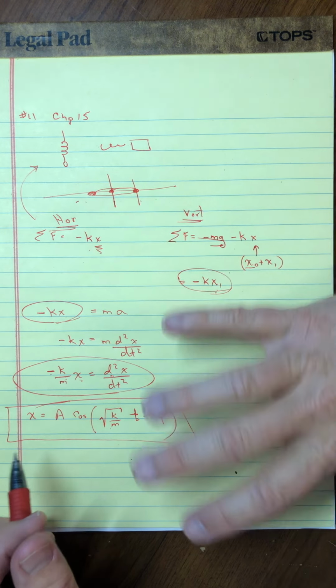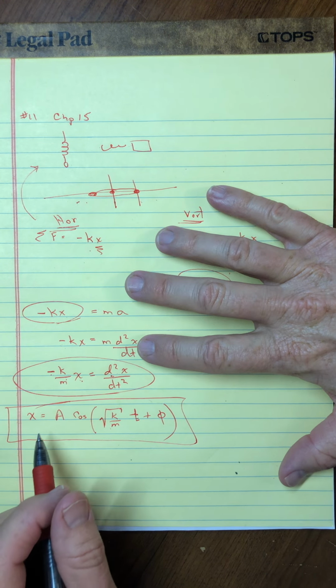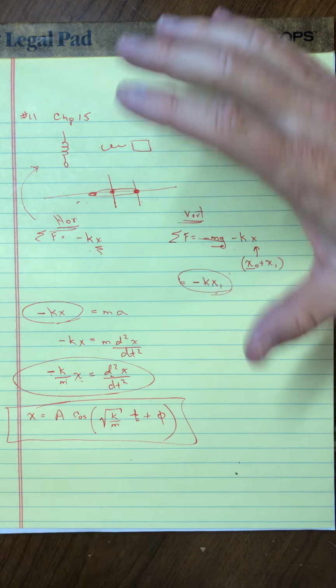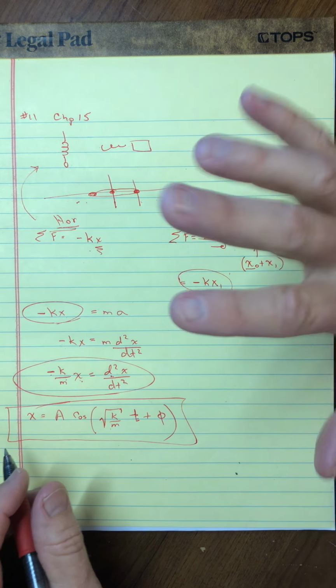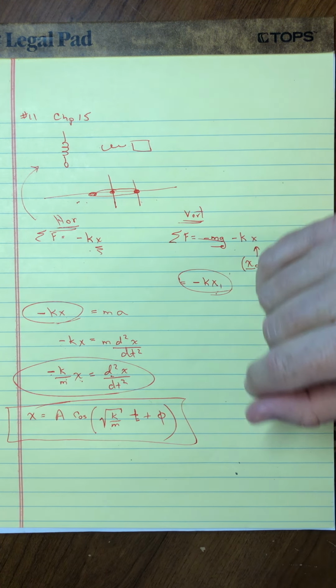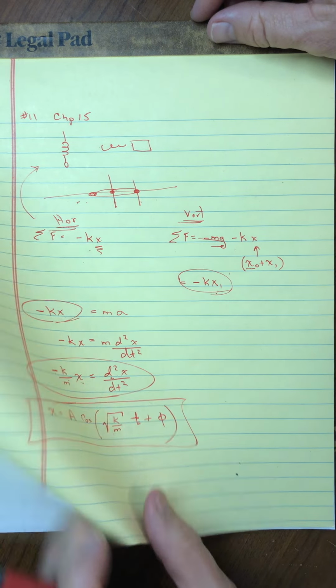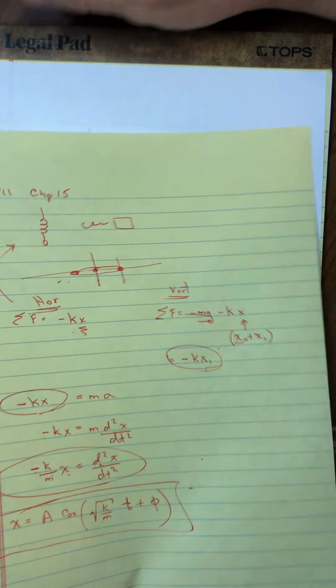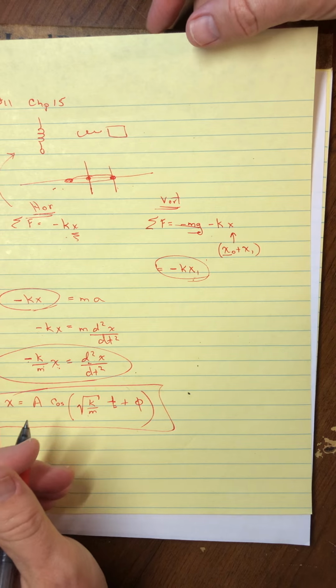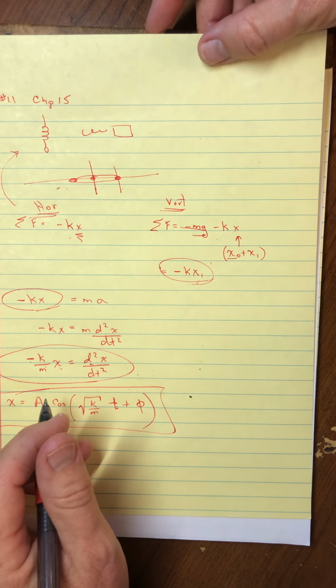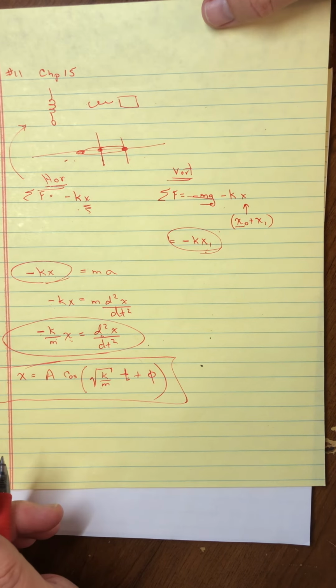This is the kind of thing that, coming into the problem, the author assumes you already know. I'm just using this as an opportunity to let you see it again and hopefully let it sink in a little bit more because it takes a while.